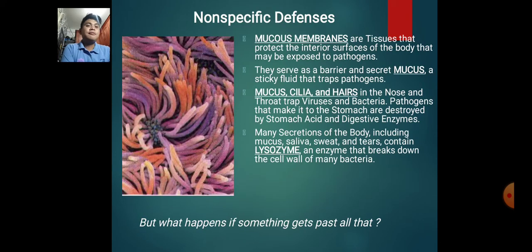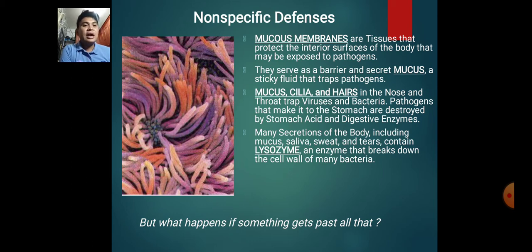Alamin naman po natin yung mga non-specific defenses natin. The mucous membranes are tissues that protect the interior surfaces of the body that may be exposed to pathogens. Ito naman po yung mga nasa loob ng katawan natin. They serve as a barrier and secrete mucus, a sticky fluid that traps pathogens. Grabe, no?